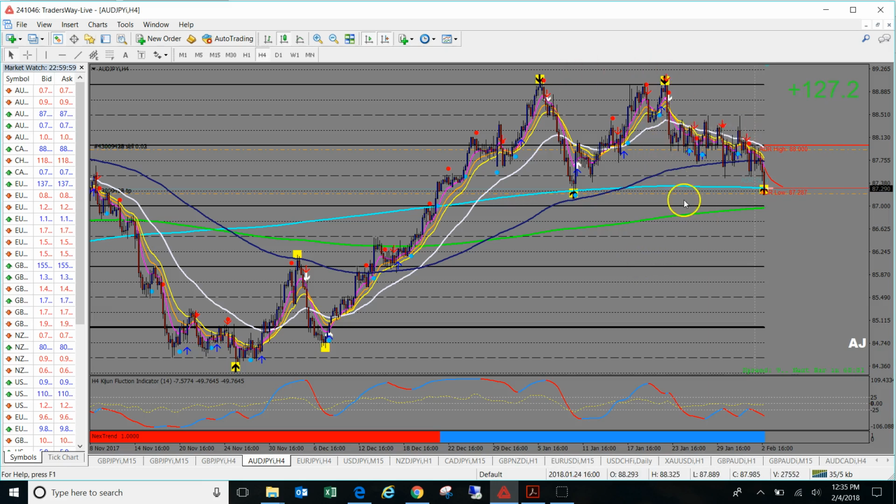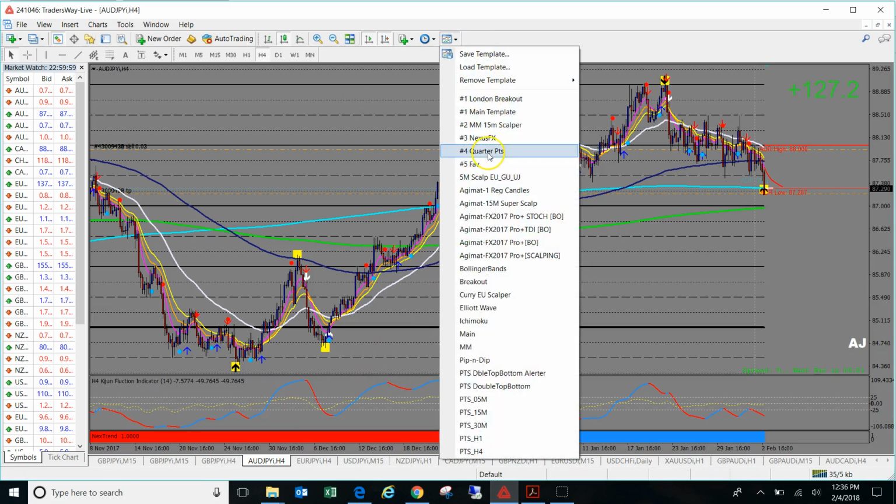Like I said, it's already included in the Agimat, but the Agimat is a little bit different than the indicator. Also, I think it has some extra little zones in here, so it's not exactly the same as the other quarters theory indicator. But I'll just show you what that one looks like real quick.